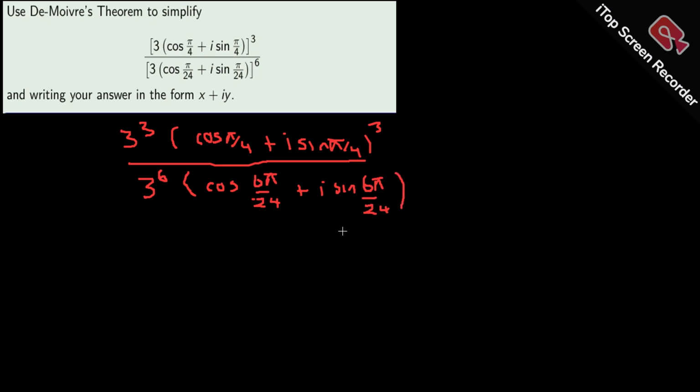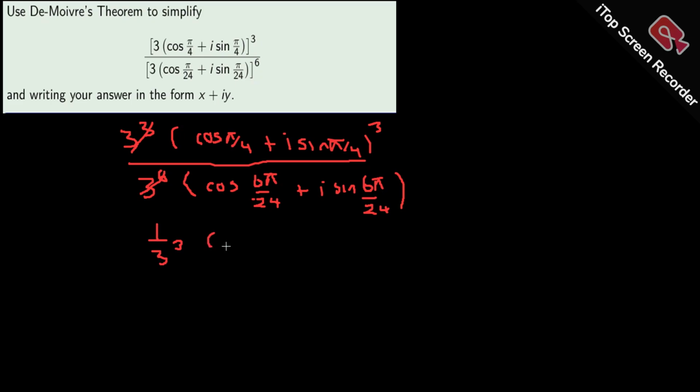What am I going to do next? I'm just going to simplify what I have here, and that's very simple actually. So we can also cancel this one and this one, and we're going to have 3 raised to the power 3 as the denominator.